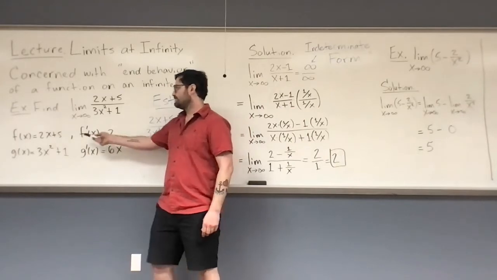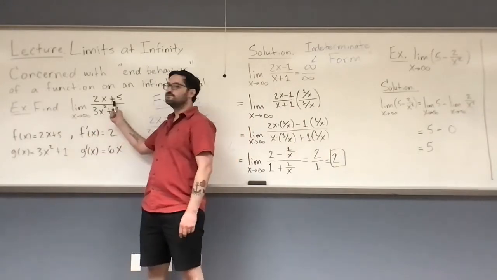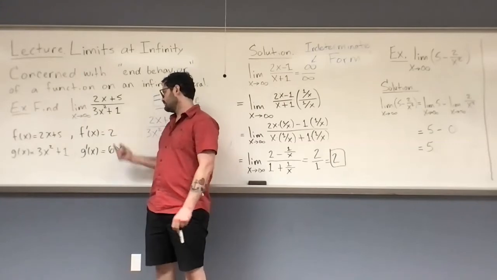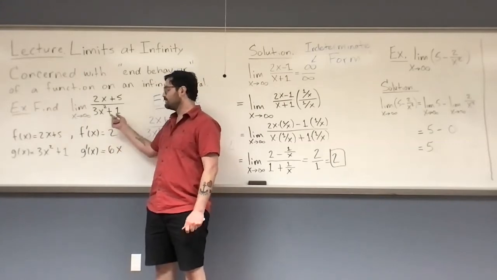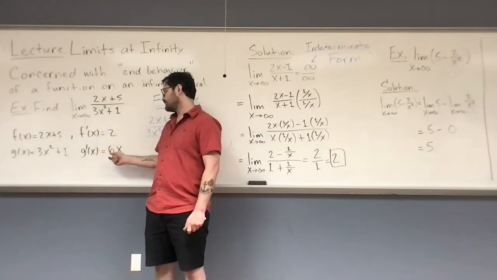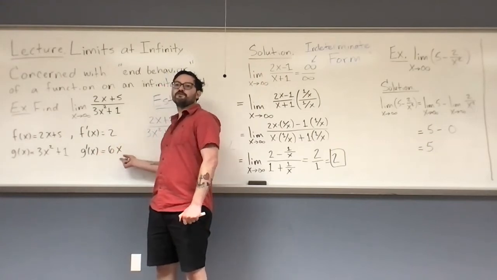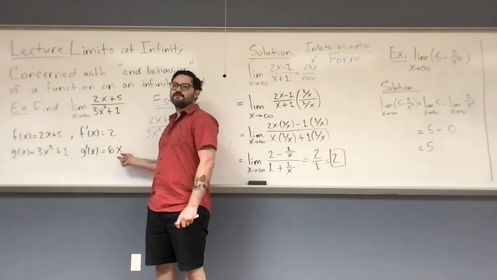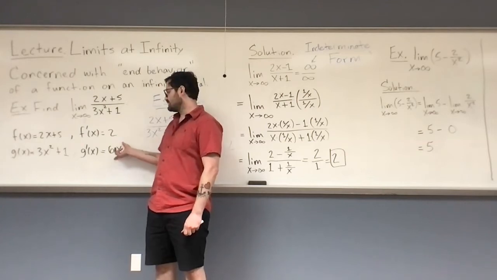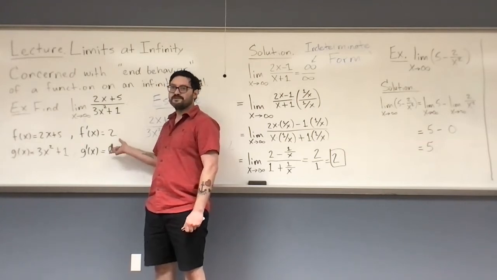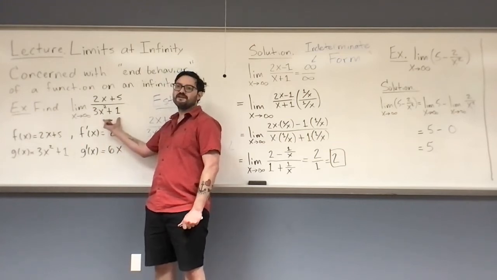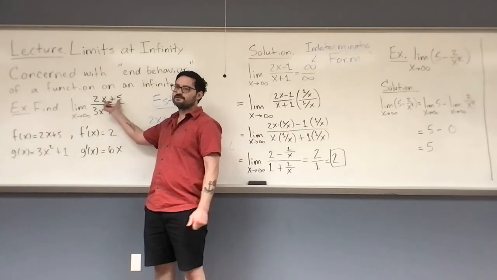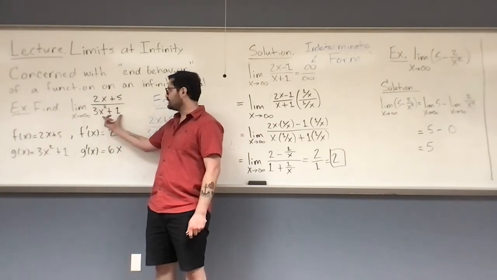This piece here, which is the numerator, is changing at a rate of 2, right? However, the denominator is changing at a rate of 6 times whatever x is, which means that this is growing and growing and growing, that's staying the same. This is speeding up as x gets larger. This is always growing at the same rate. So at some point, this is going to overtake that.